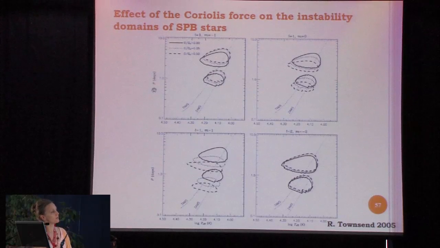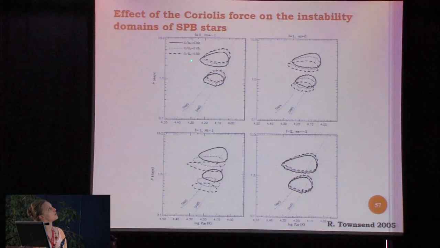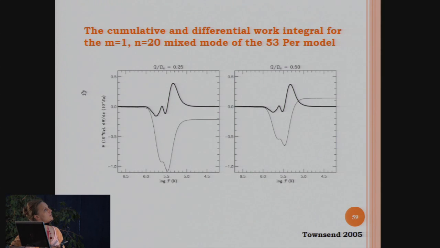And this is from a paper of Rich Townsend. This is the effect of the Coriolis force on the instability domains for different values of rotational velocity. This is the period as a function of effective temperature. And here you can see instabilities for different modes. This is for retrograde modes.